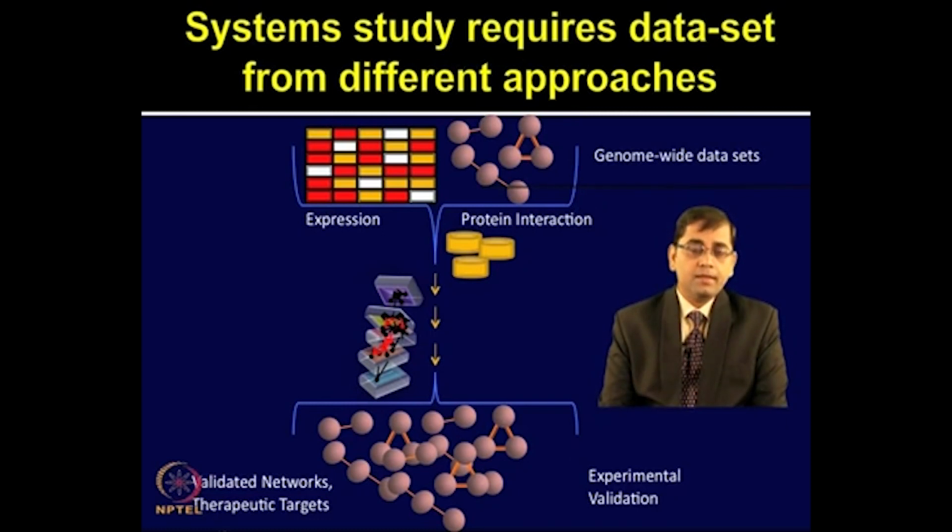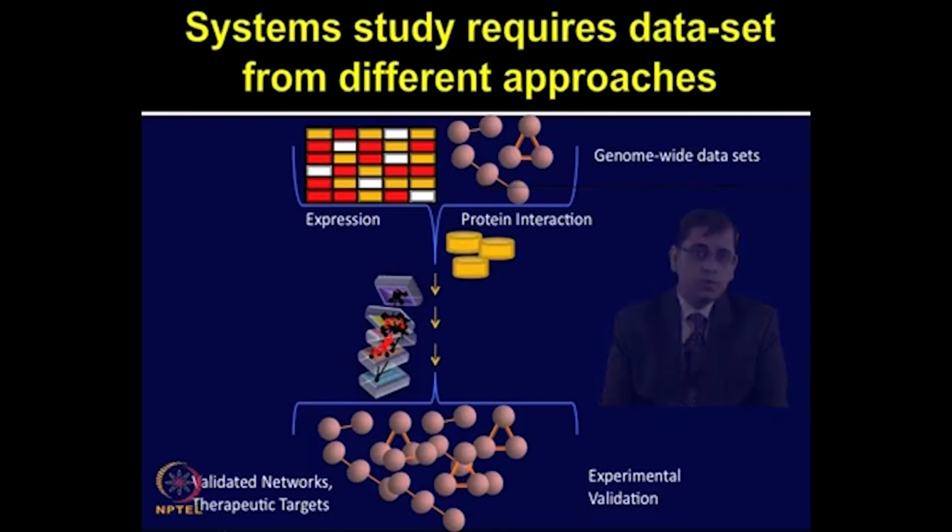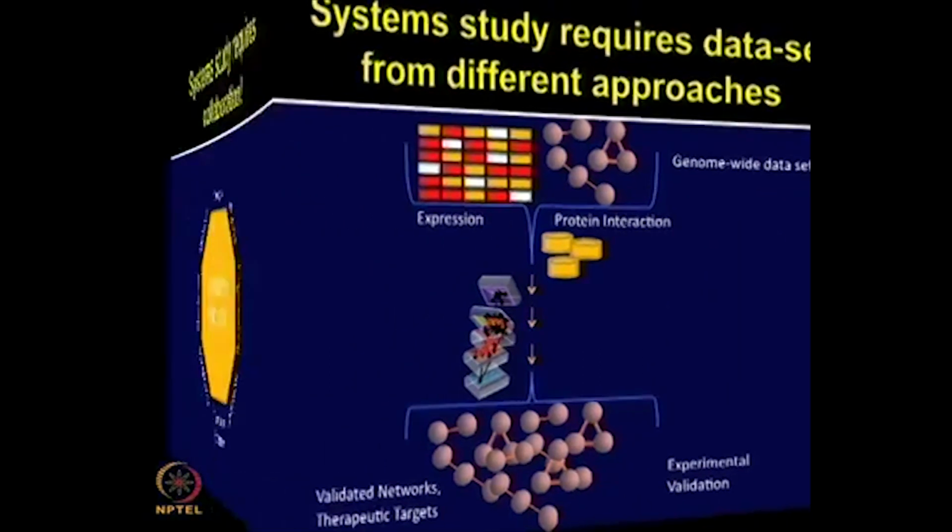These data sets can be stored in clinical databases, and also can be mined from literature. The integration of orthogonal data sets can be used for validating the networks and to identify therapeutic targets. Further, it can be used for experimental validation.